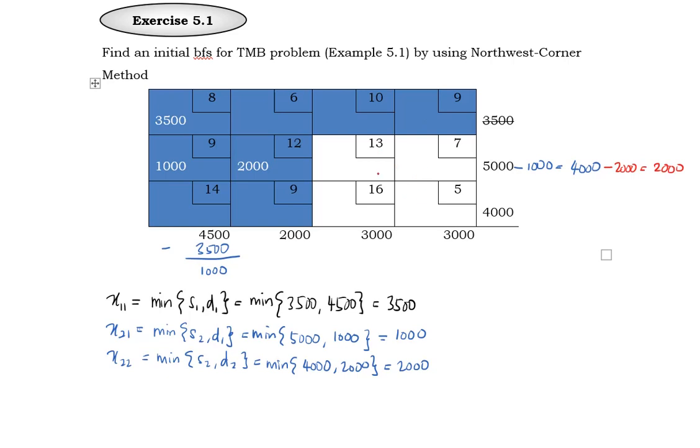Among the remaining cells, x23 is the most upper left corner. Therefore, x23 is the minimum of S2 and D3. S2 is now 2,000 and D3 is 3,000. Therefore, x23 is 2,000.